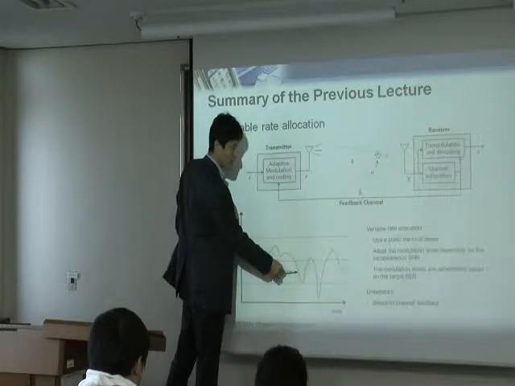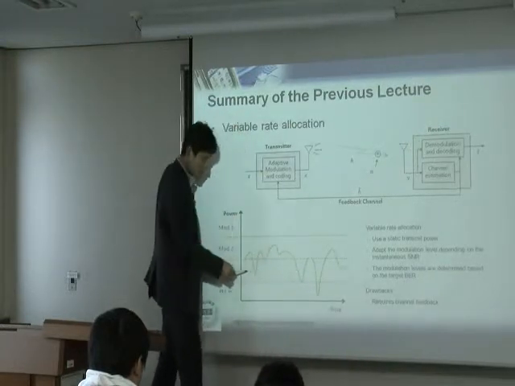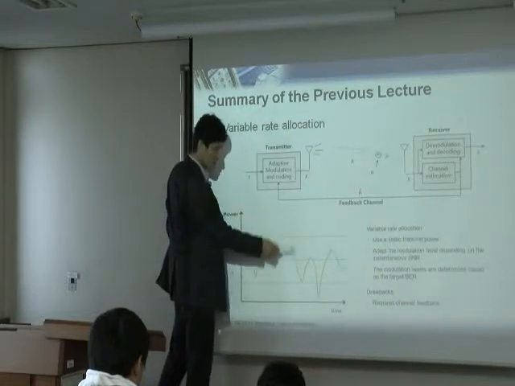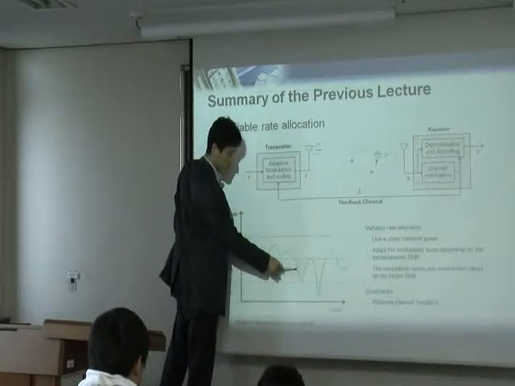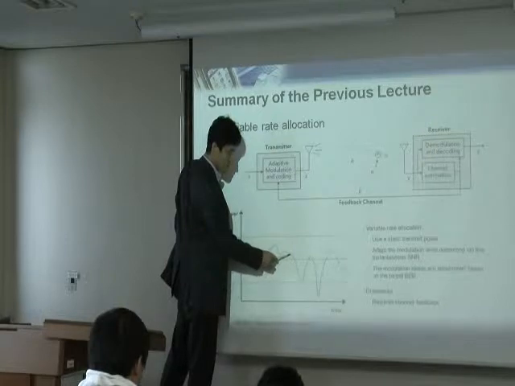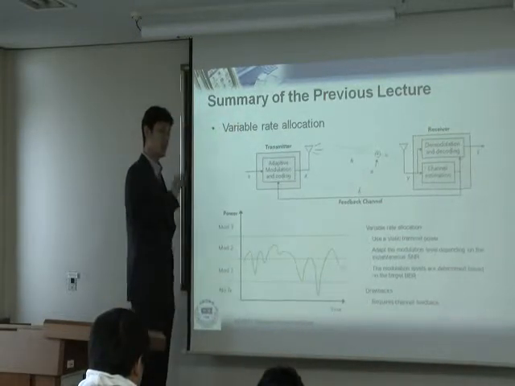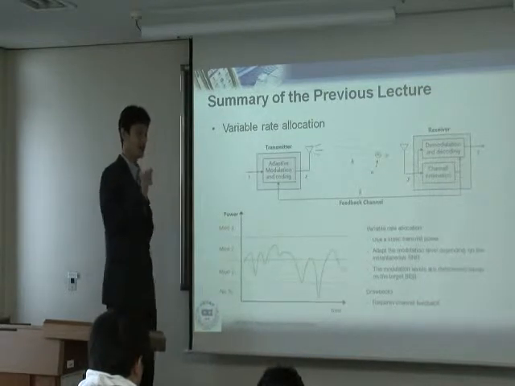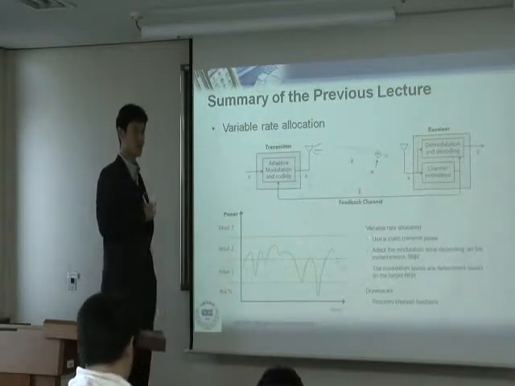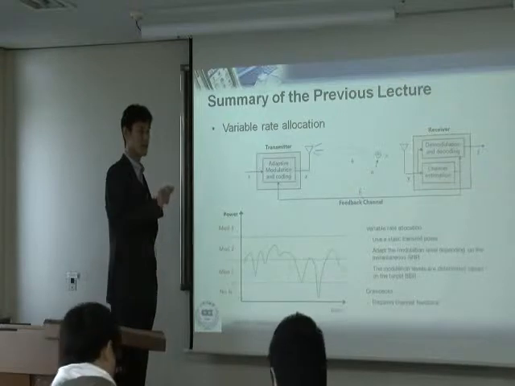In that case, you are supposed to use this one, because the new channel condition is here, but you already measured here. So you use this modulation. In that case, you have a little bit higher bit error rate than you hoped. That's the loss.